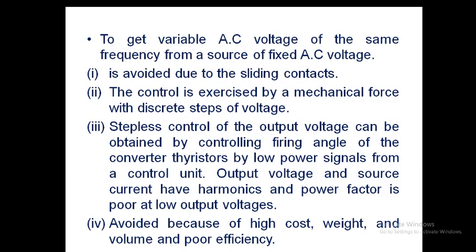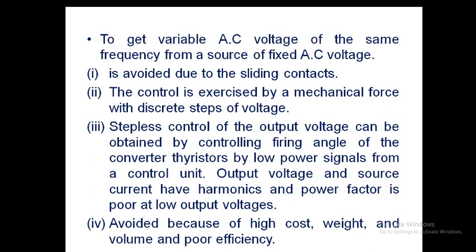Hence the output voltage and the source current have harmonics, and the power factor is poor at low output voltages. Even though the thyristor AC voltage controller gives smooth AC voltage control, it has drawbacks like harmonics and poor power factor.